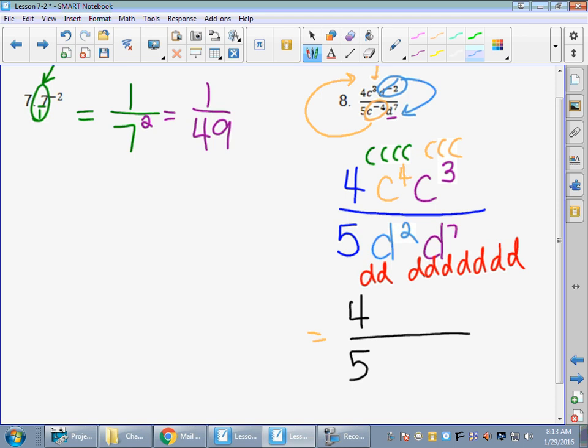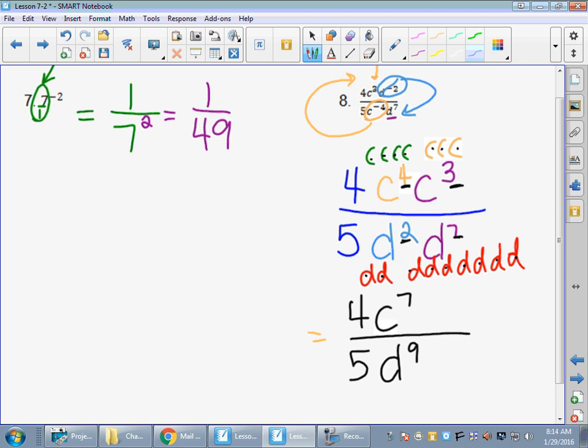How many c's do I have and where will they be? I'm looking at c to the 7th up there in the numerator because I've got 1, 2, 3, 4, 5, 6, 7. Shortcut says add 4 plus 3 or get a 7. Denominator, I've got d's. So the question I always ask is how many d's do you have and where will they be? So I've got d to the 1, 2, 3, 4, 5, 6, 7, 8, 9. Shortcut says take 2 plus 7 and I get myself a 9.